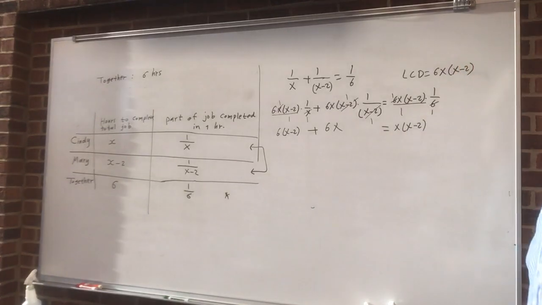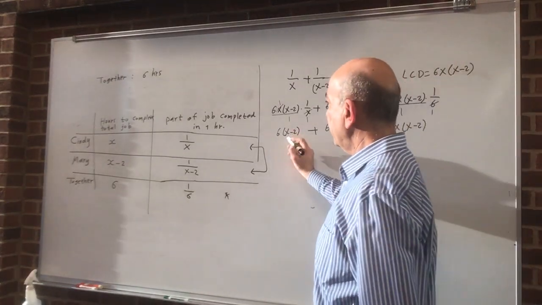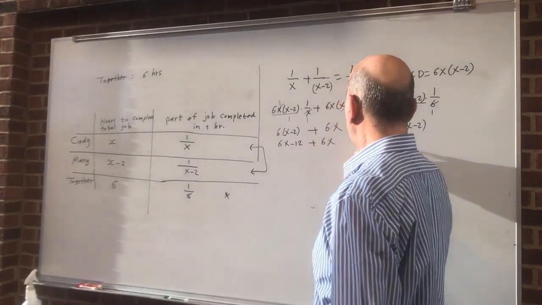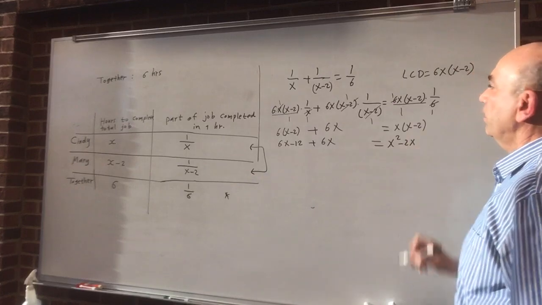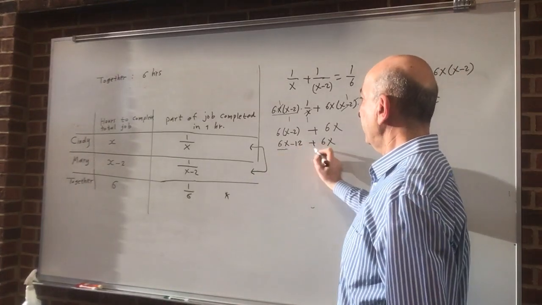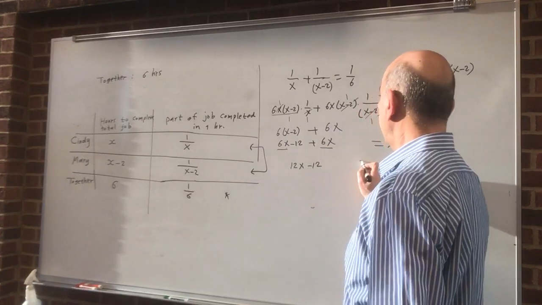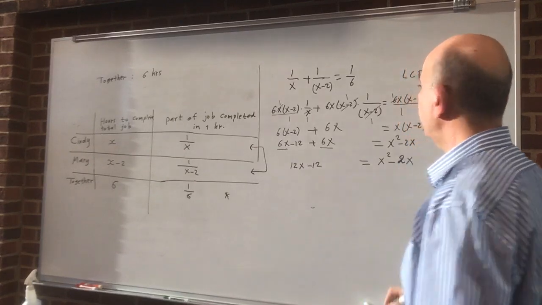Now the equation is cleared of fractions. Here use the distributive property. Also here, x squared minus 2x. Simplify each side, so 6x plus 6x is 12x, minus 12, equals x squared minus 2x.